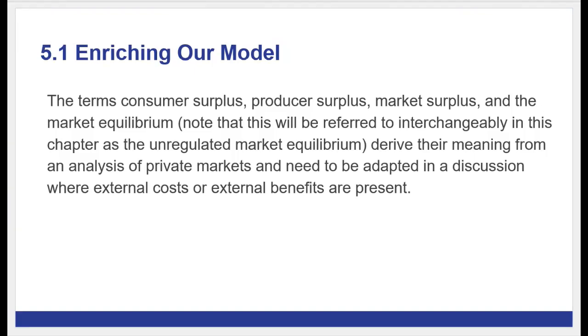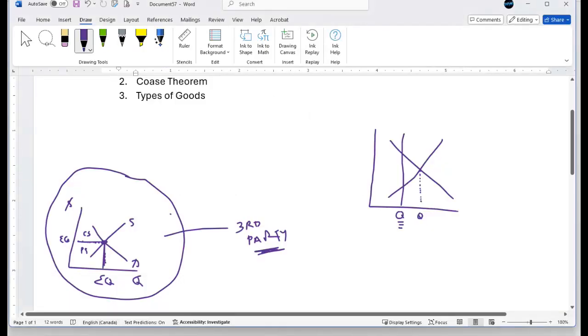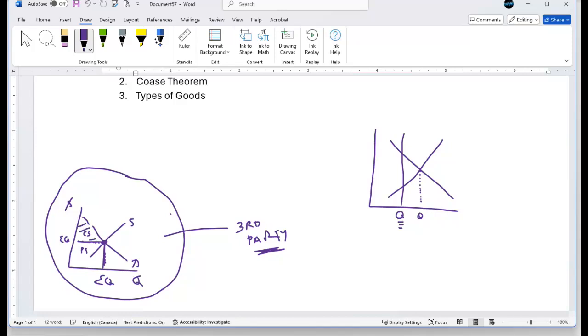So when we examine this, we can use what we know so far, talking about our supply and demand model, and talking specifically as well about the market surplus. So here we're using our terms of consumer and producer surplus to be thinking of well-being in the market. So this is another way of considering it.